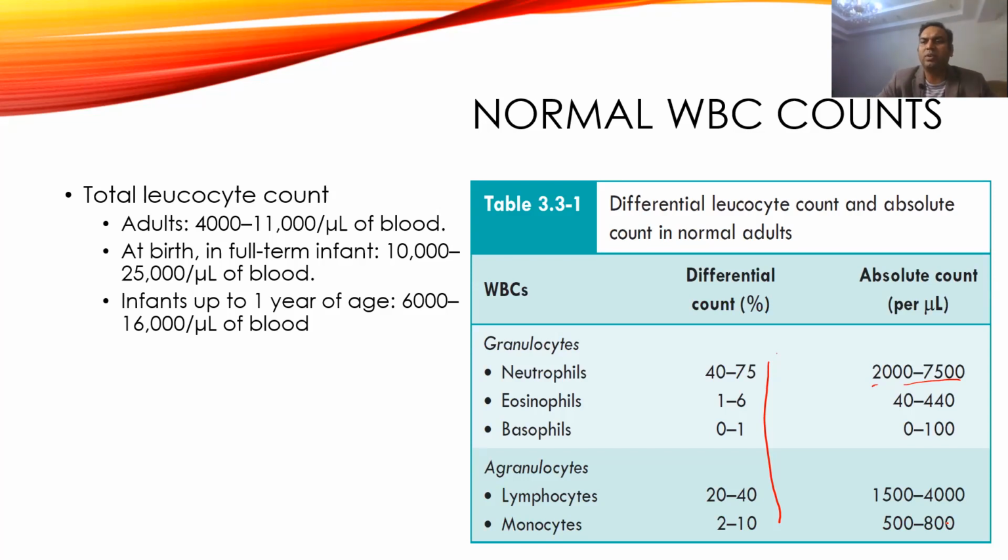So these are called absolute counts, and many times you will see the total leukocyte count decrease, but the absolute count of the particular cell has increased, and that gives you a variety of different diagnoses.